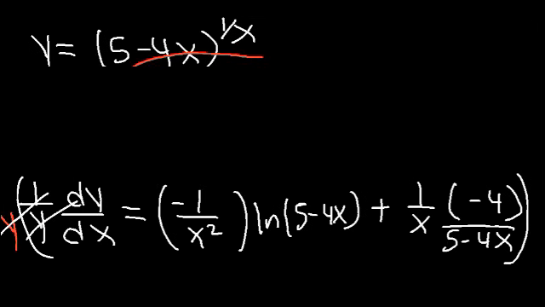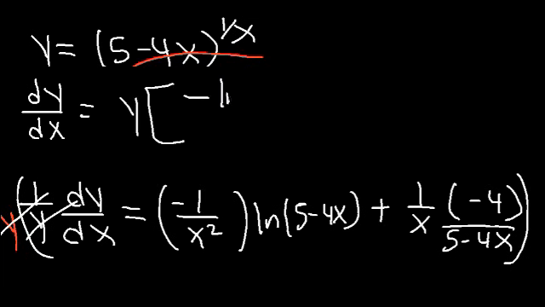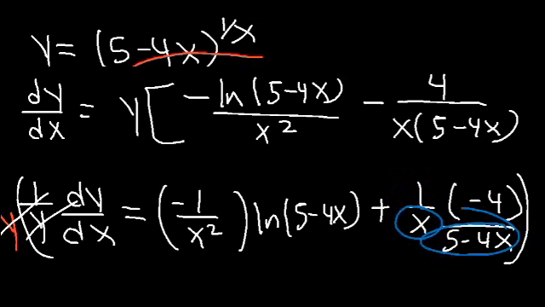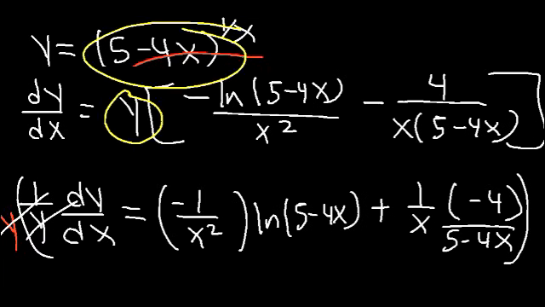So these two cancel. So dy dx is equal to y times negative ln 5 minus 4x divided by x squared minus 4 divided by x times 5 minus 4x. So these two you can combine because they're both on the bottom of their respective fractions. Now the last thing we need to do is replace y with this term.